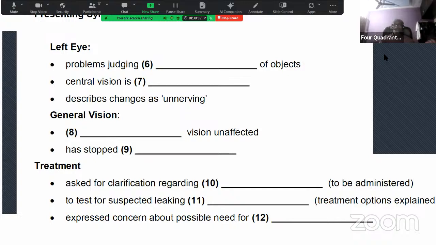Anything else you think about that one? Leaking what? So for that one, treatment options are explained. Okay. So you can say arteries, veins, blood vessels. In the eye.